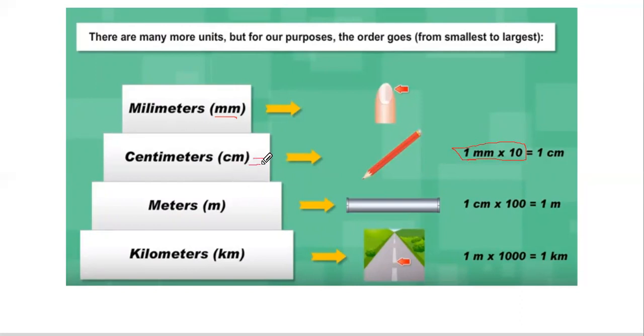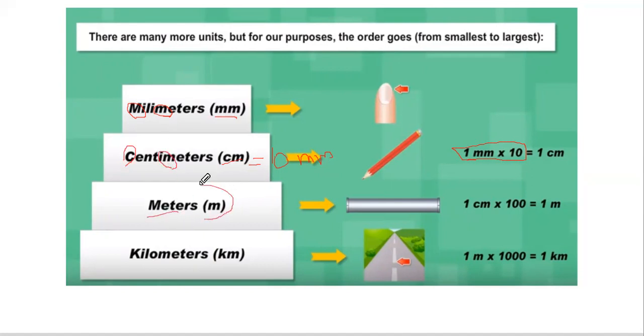1 centimeter is 10 millimeters. We write millimeter as mm: the first m for milli, and the second m for meter. Centimeter, we write cm: the c for centi and m for meter.